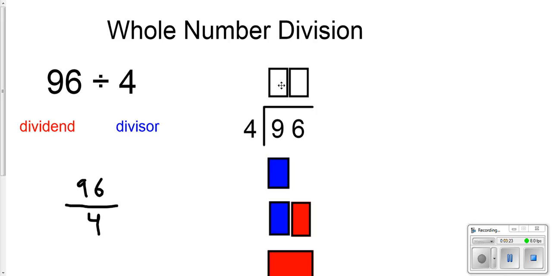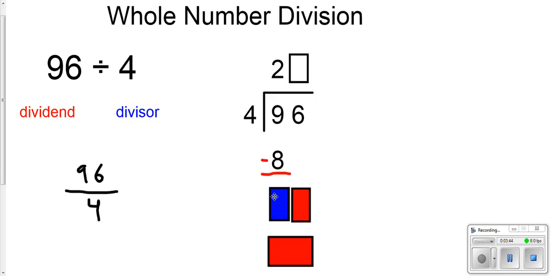So 4 goes into 9 2 times, and 2 times 4 makes 8. Write the 2 up here, and the 8 down here. Now we're going to subtract. 9 minus 8 leaves a leftover of 1.